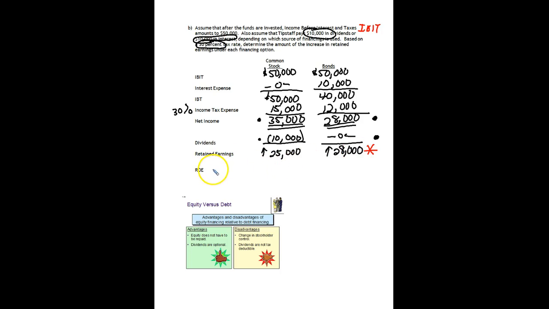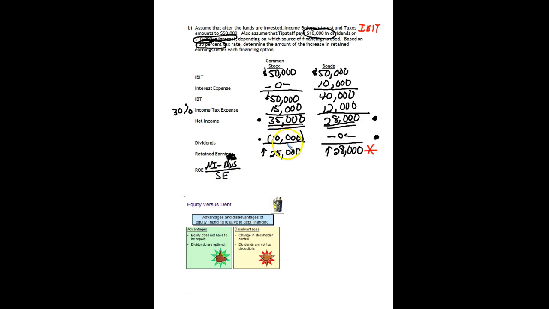Remember return on equity when I solve for that? That is taking net income minus my dividends and dividing by stockholders' equity. And by the way, that's preferred stock dividends, and we don't have any. Never mind.